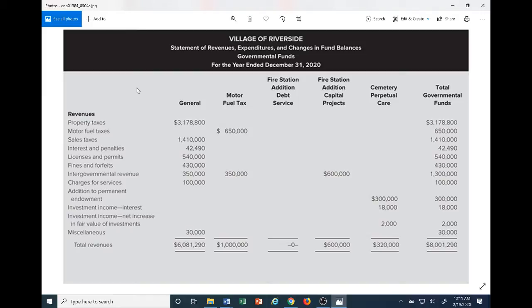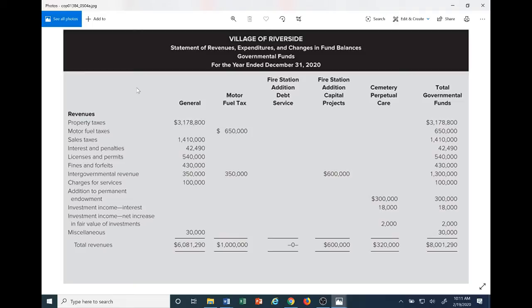Notice it's for the year ended instead of as of, like the balance sheet. The reason the titles are different is because this is for a period of time, the year ended. The as of date on the balance sheet is just a point in time, right? That's why they're labeled differently.